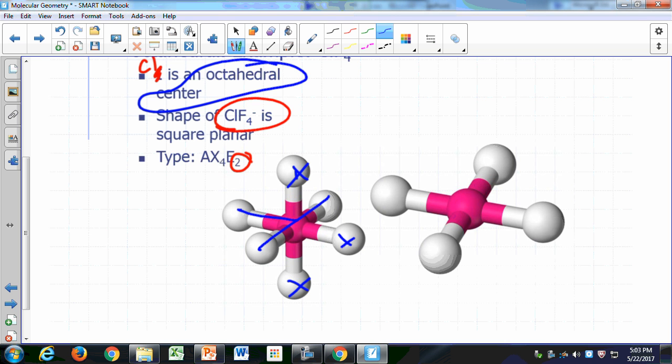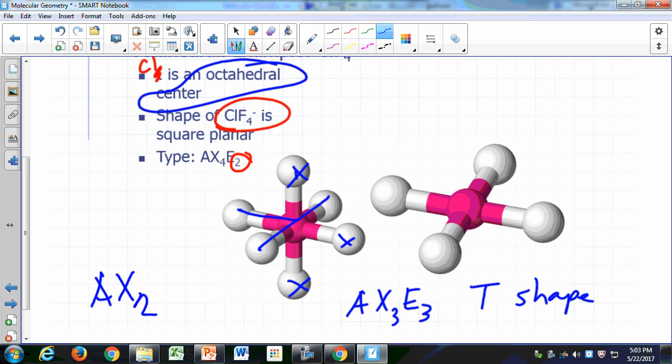And so what remains, if you have 3 lone pairs, AX3E3, will be T-shaped. And if you have another lone pair, AX2E4, that next lone pair is going to take the position opposite the third lone pair. That leaves you with just a linear shape.